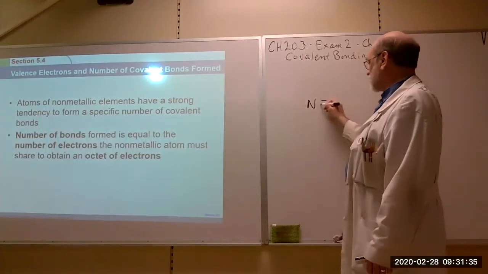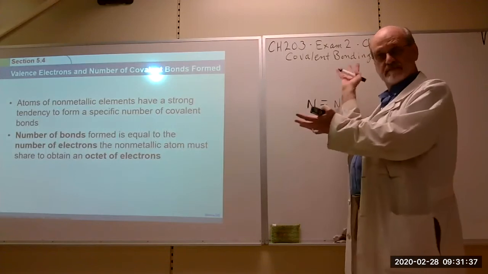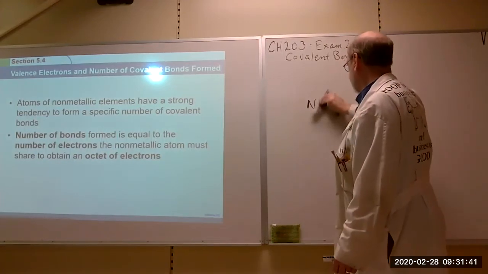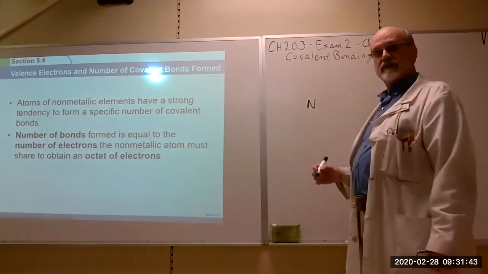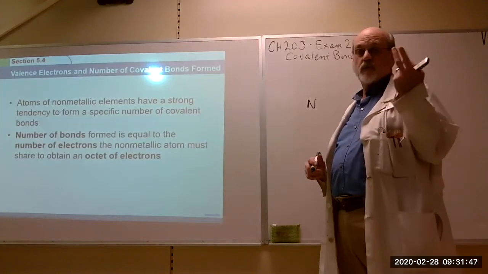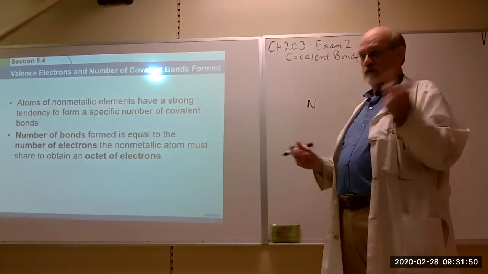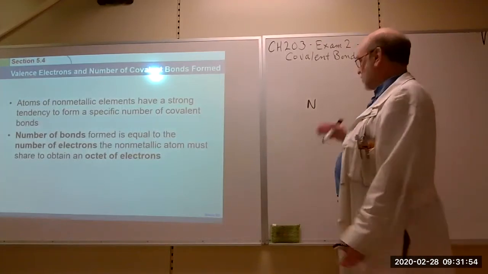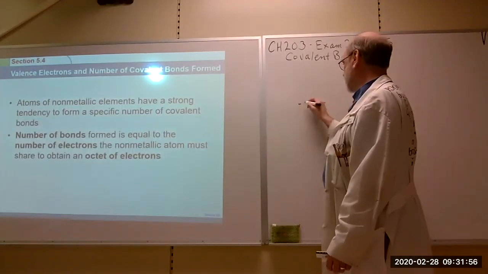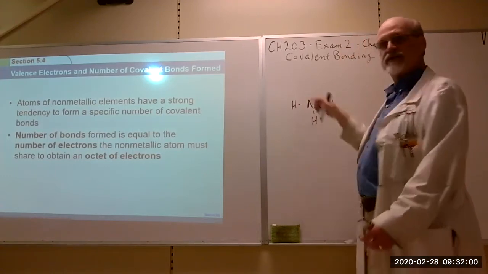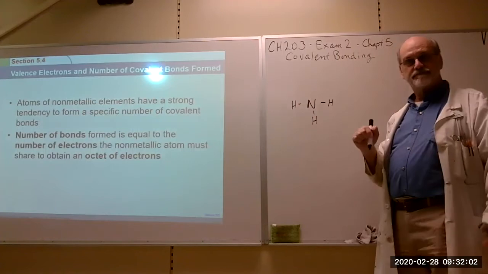If it has it to another nitrogen atom, got them all accounted for. But what if we only have hydrogens around it, right? And hydrogen can only have 1 bond each, right? Because it's only got 1 electron to share. So 1 bond is the maximum. It can't have any more. So if you put hydrogens around here, you can only have 1 each. But nitrogen still has 3 bonds, right?